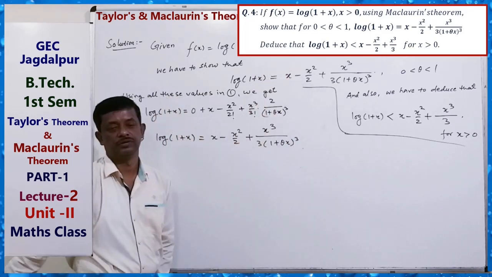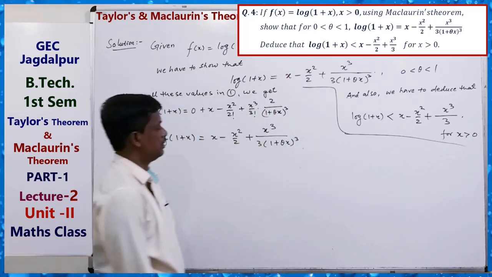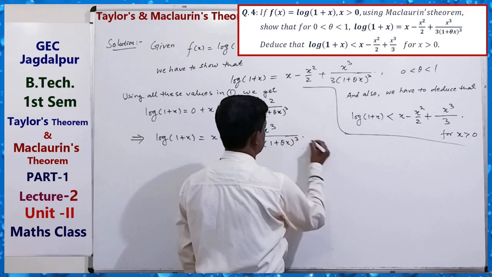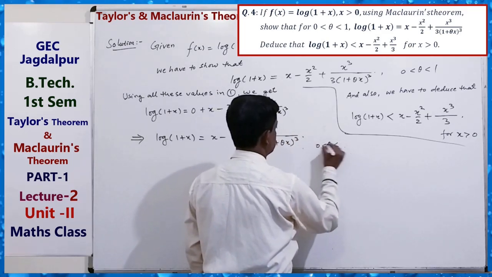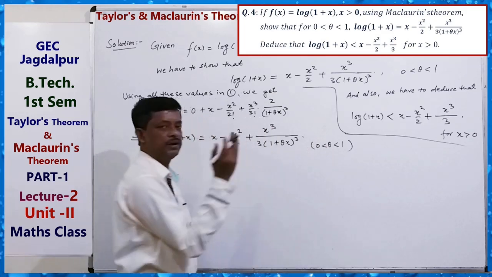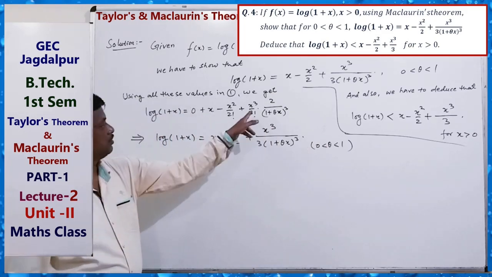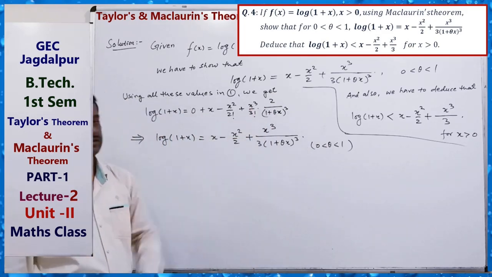So proved. Here theta lies between 0 and 1. Here 3 into 2, the 2 cancels with the 3.